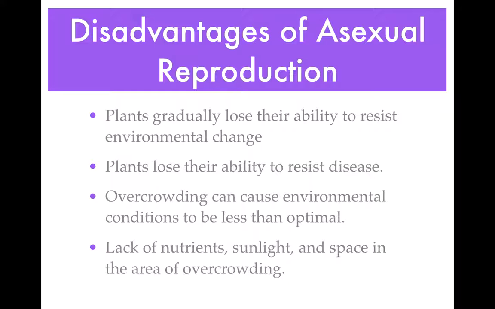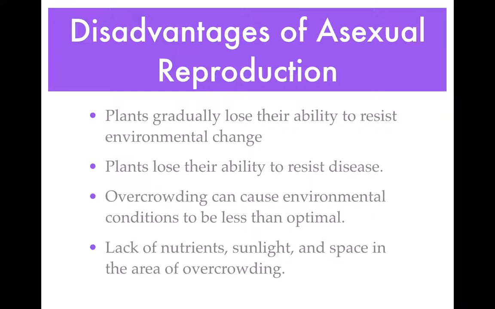As opposed to in sexual reproduction, when there's genetic variability, when those different traits combine and can make new traits, then it could be likely that some of the offspring would be able to survive a changing environment, that some of them would be well suited to that environment. But with asexual reproduction, if the parent isn't well suited, the offspring are not going to be well suited and they'll die out.